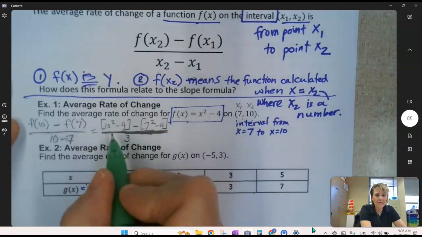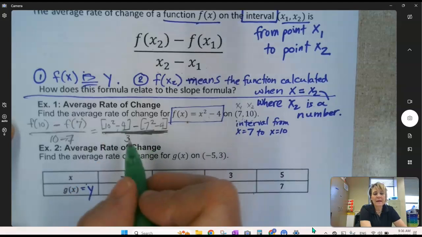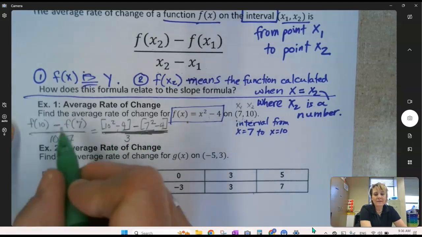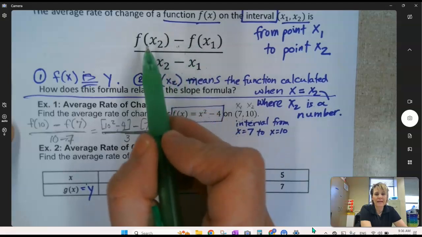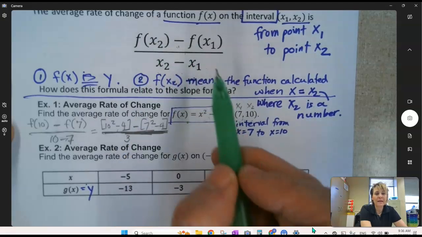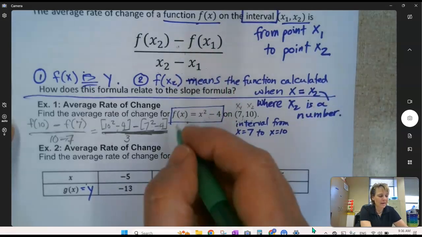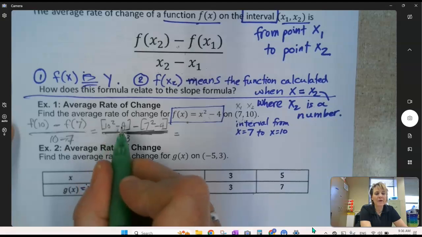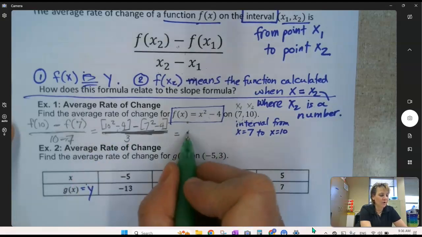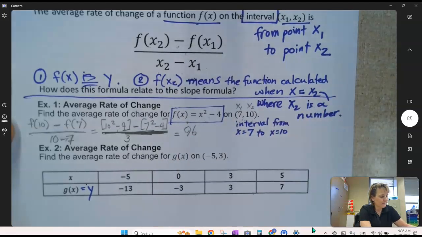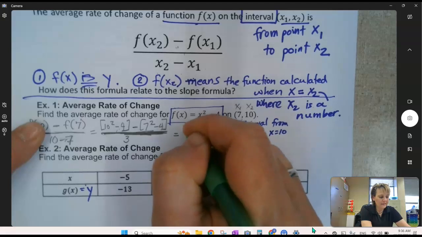Okay, and I put it like this just to show you that this is what I'm calculating, and then I subtract the two functions. I'm subtracting whatever I get when I put the first number in and the number that I get when I put the second number in, and then I subtract them. Okay, so 10 squared minus 4 is 100 minus 4, or 96. Sorry, that's a 9. Weird looking 9. 96.